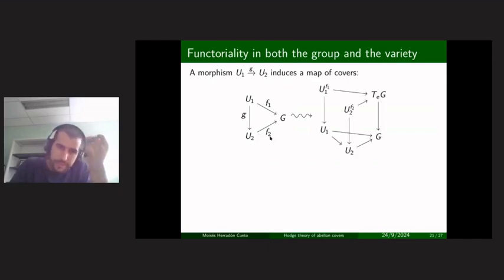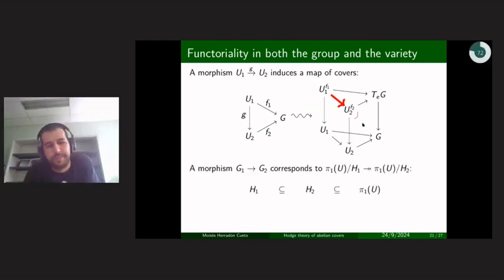Then for each of these Fs, you get an abelian cover. And now by abstract nonsense, by the universal property of fiber products, you will get a map between covers. So you could ask questions about this map of covers. And on the other side, you could change the group and leave the variety fixed.